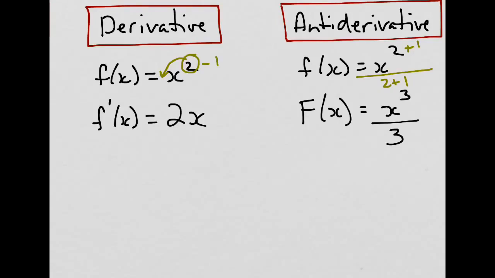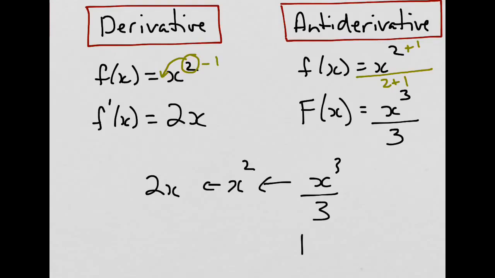We end up with a progression. So you have the function x squared, and its derivative becomes 2x, and then its antiderivative becomes x cubed over 3, such that the derivative of the capital F function is the small f function, and the derivative of the small f function is the f prime of x function.